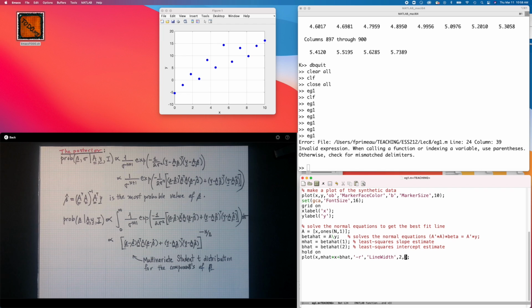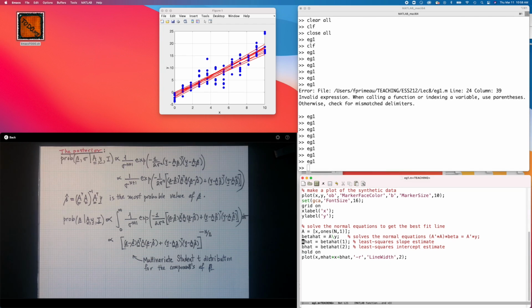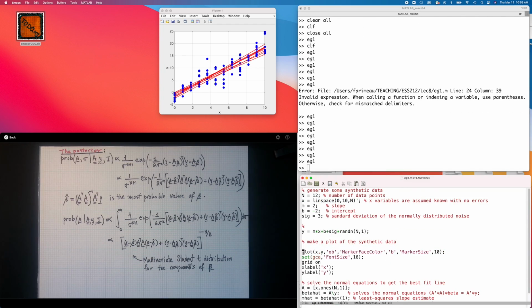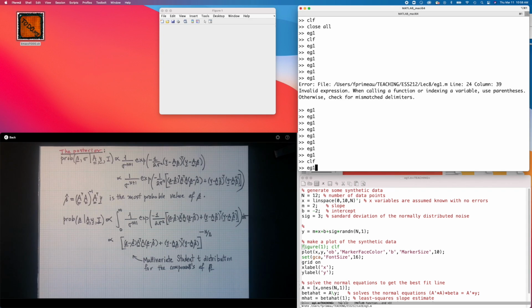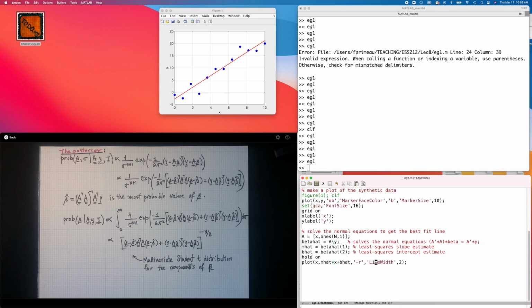And now let's add some little stems to indicate the size of the errors. And when I say the errors, what I mean is the residual, the best fit model minus the observations.